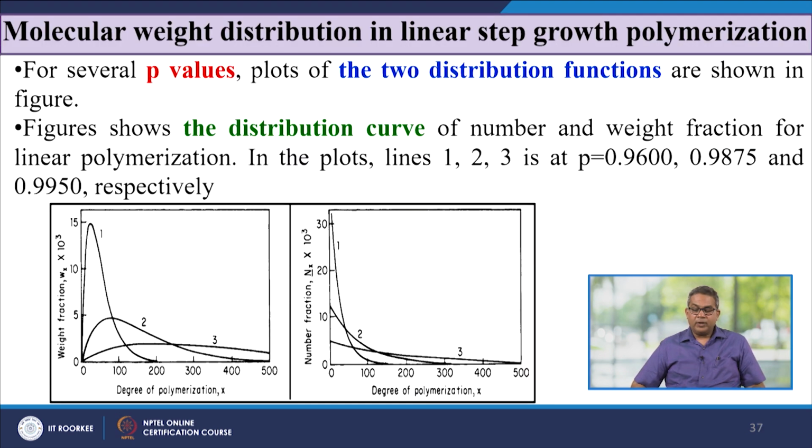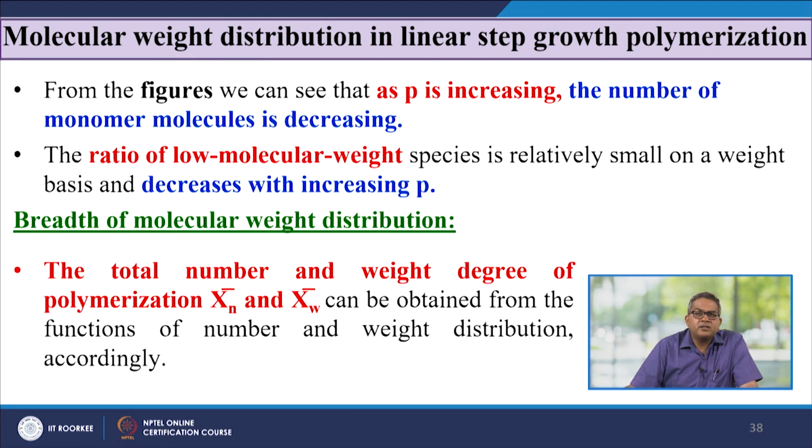Now for several P values, two distribution functions are shown in these figures. These show the distribution curves of number and weight fraction of linear polymerized polymers. In these plots, lines 1, 2, 3 correspond to P equal to 0.96, 0.9875 and 0.9950. You can easily calculate.